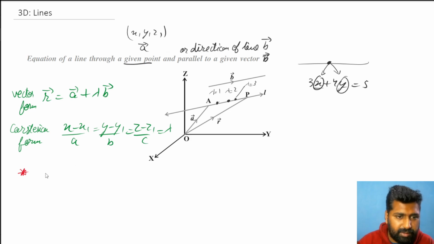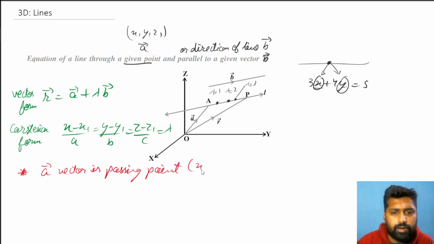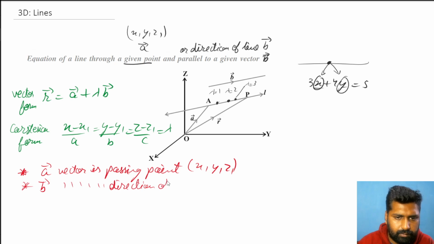So remember, A vector is passing point with the coordinate x1, y1, z1, although I have written above also, but still. B vector is direction of the line or parallel vector.